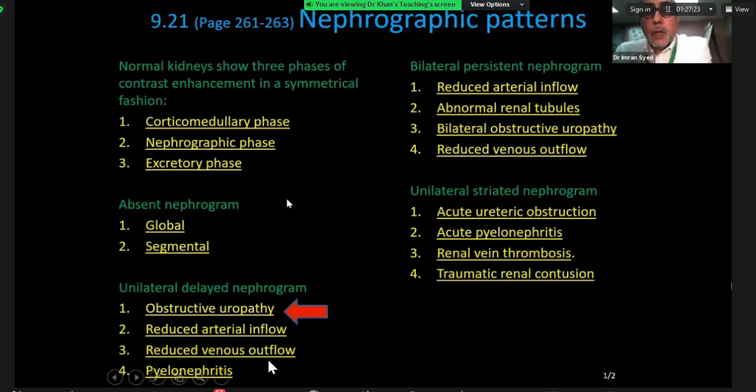There are patterns of nephrographic change that you need to be aware of, where you've got an absent nephrogram. Obviously, you could have no kidney. There may be global segmental ischemic change to that kidney. But essentially, there are three phases for everyone to be aware of: the corticomedullary phase, nephrographic phase, and then the excretory phase, which we all need to be familiar with.